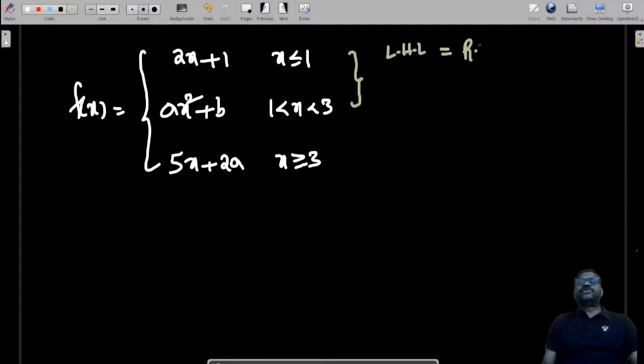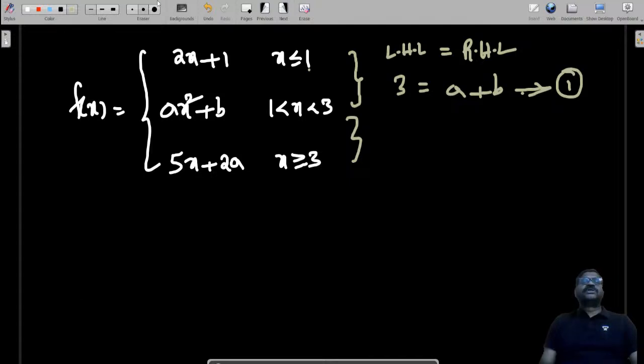Left hand limit equal to right hand limit. When x is tending to 1 from left, 2 plus 1, 3, right hand limit, a plus b. So a plus b equal to 3, called equation 1. When x is tending to 3, 9a plus b equal to 15 plus 2a.